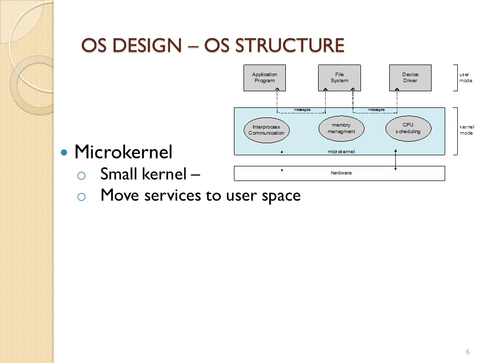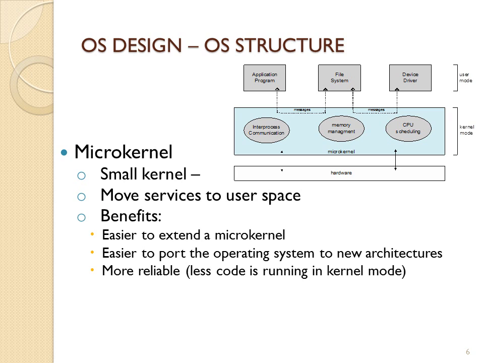So when the system goes to load up, all you have to load up is this very small kernel, which is basically a communication, a little bit of scheduling and memory management, and move all of the other services of the operating system outside of kernel space. So the benefit to that is it's easier to port to different architectures, it's easy to extend, you can make new services that are user applications, and you just have to have them work with the microkernel.